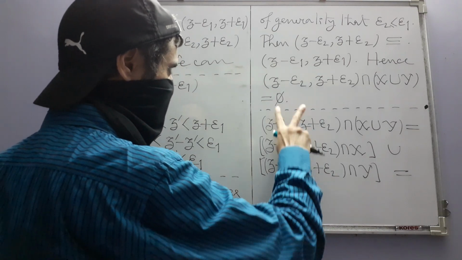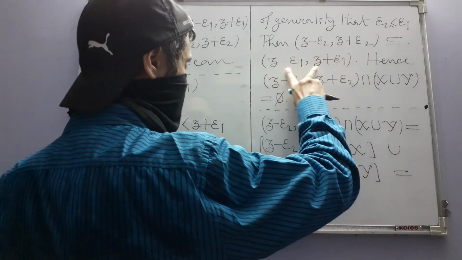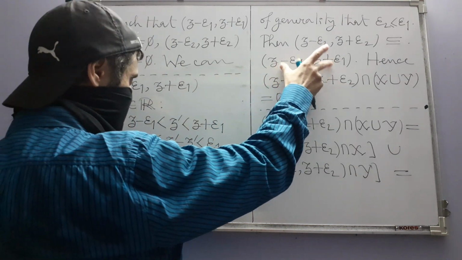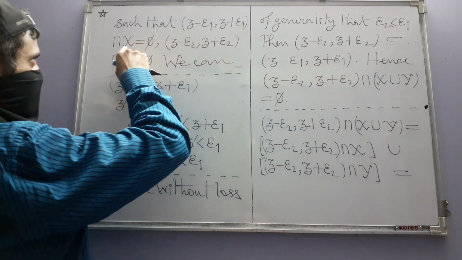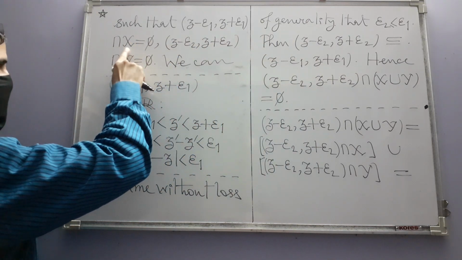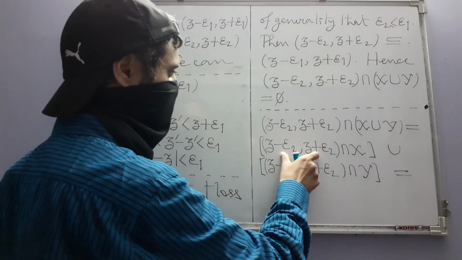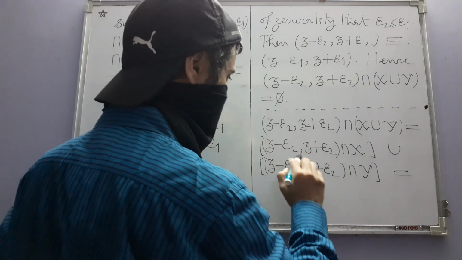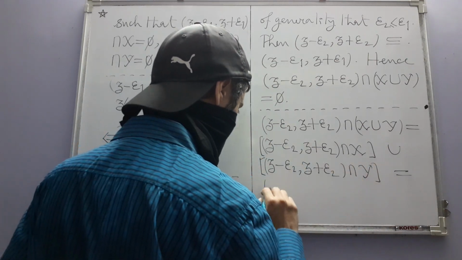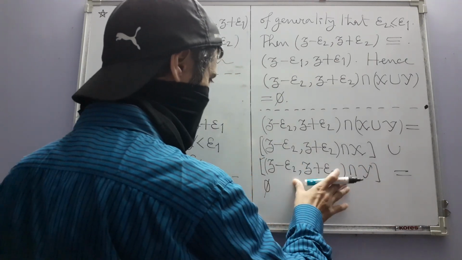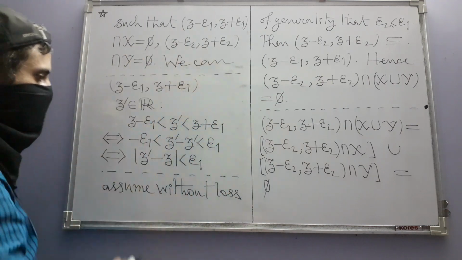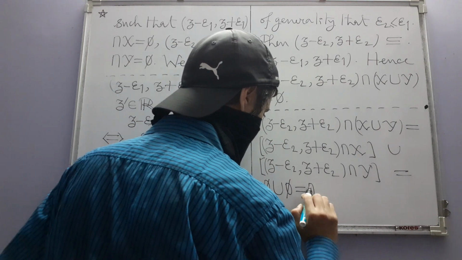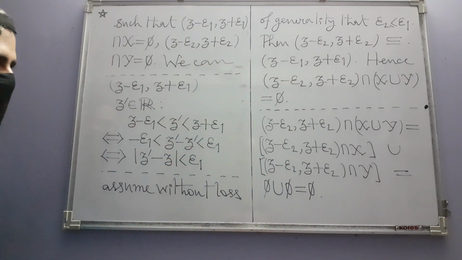Now note that this interval is contained in this interval, and this interval has no point in common with X. So the smaller subset also cannot possibly have anything common with X. So that's why this first intersection is empty, and this of course is empty, that we see here directly. So that's how we are getting this.